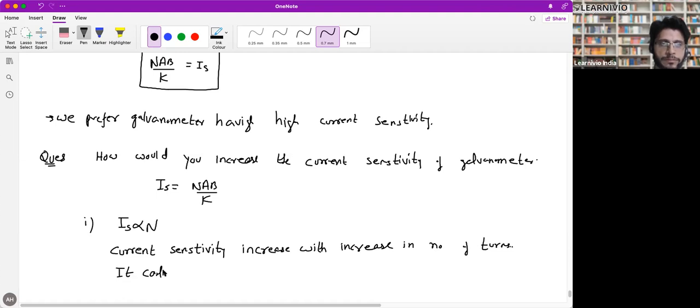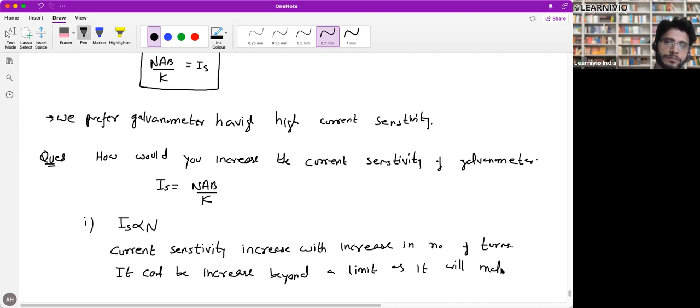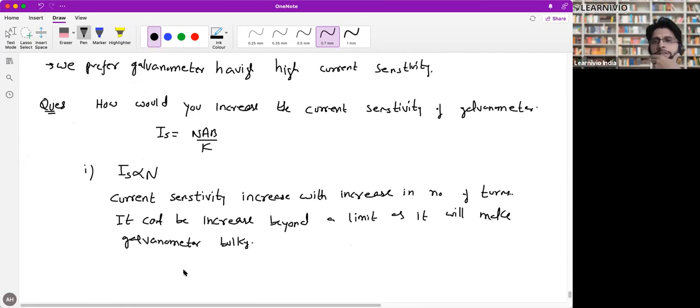It can't be increased beyond a limit, as it will make the galvanometer bulky. So you can't increase current sensitivity beyond a certain limit.